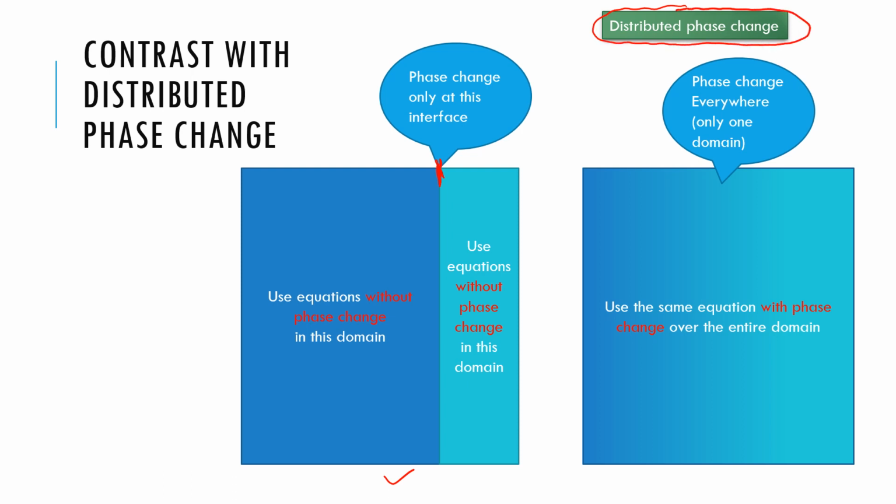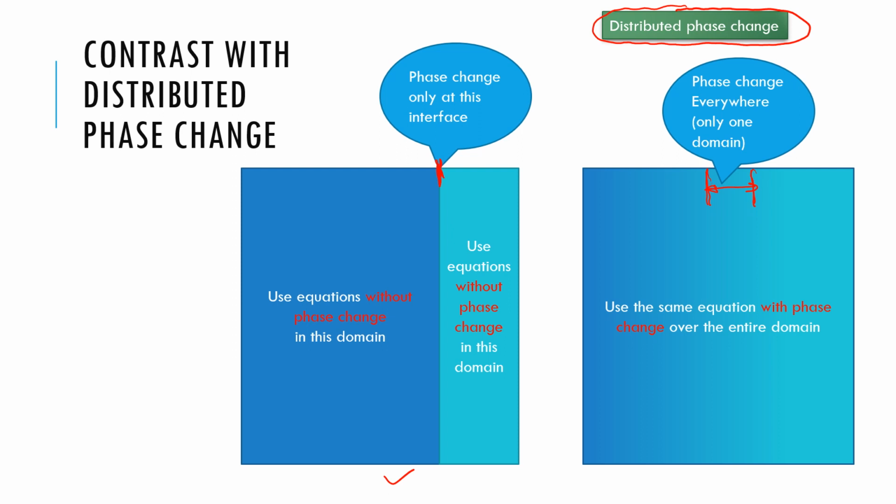So phase change can occur over a region. We can set it to occur anywhere in the region, but if we do the physics right, we will see that it happens over a region, and in some cases that region can be very thin.